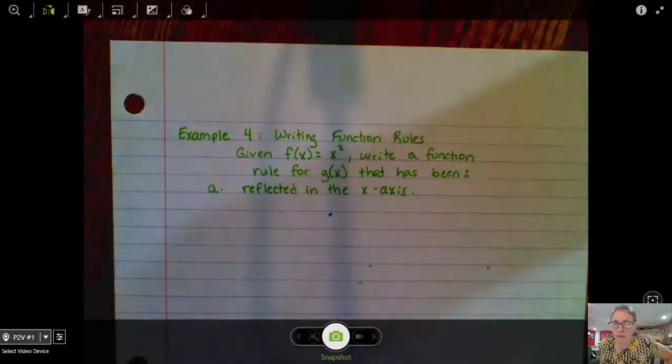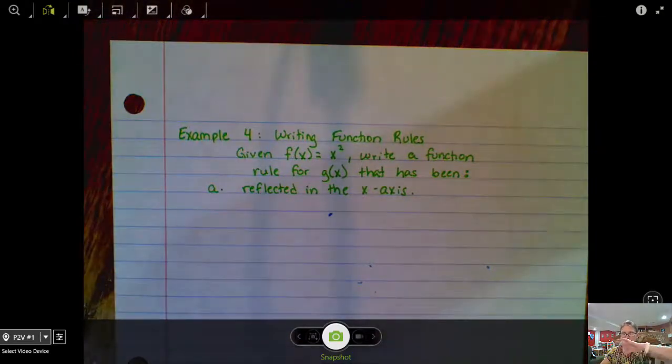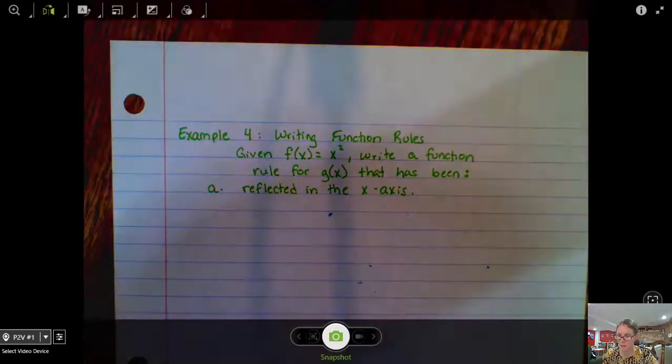All right. Well, if we have a reflection in the x-axis, let's think about what transformation is going to happen. Reflection over the x-axis is upside down, so that's a vertical change. Something is going to happen outside of the function. And hopefully you're starting to get pretty good at identifying what these transformations are. That reflection happens when we have a negative outside.